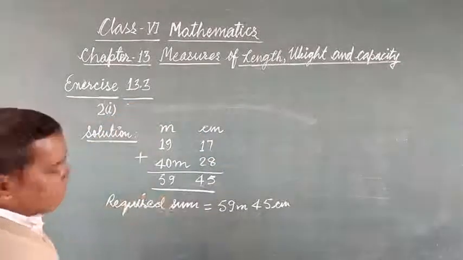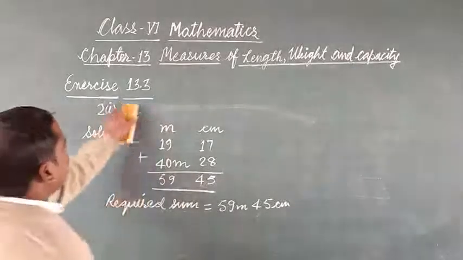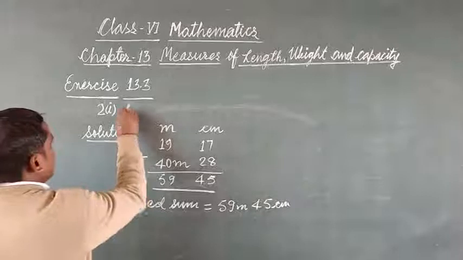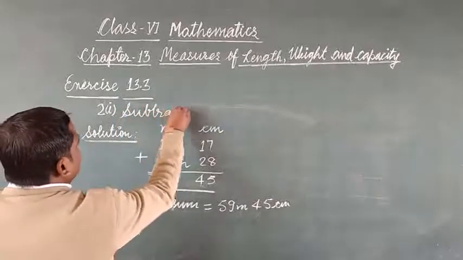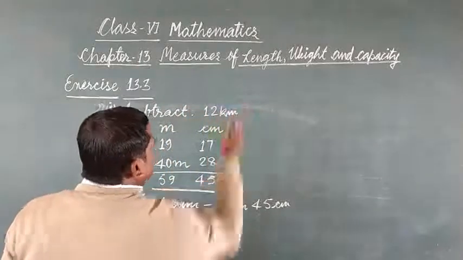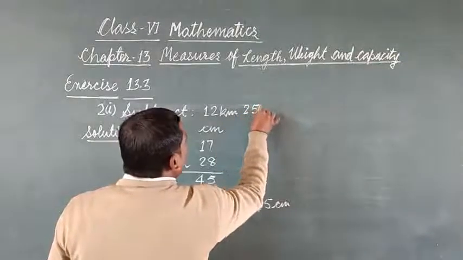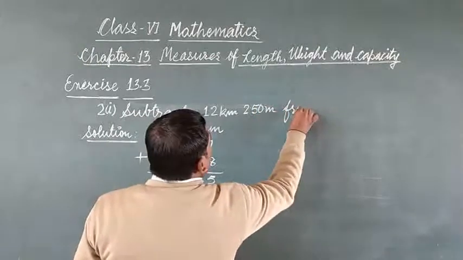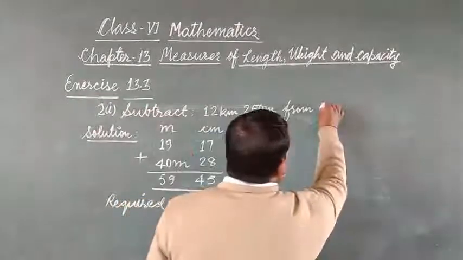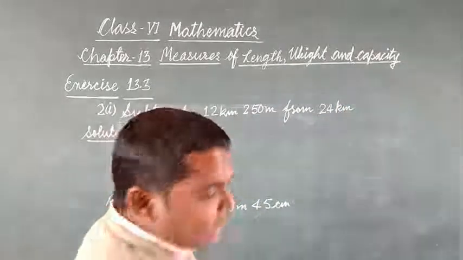So the instruction given is subtract, and we are given 12 kilometer 250 meter from 24 kilometer 780 meter.